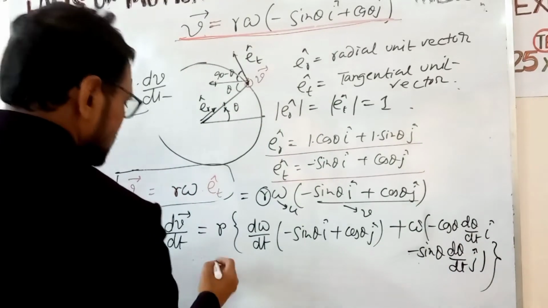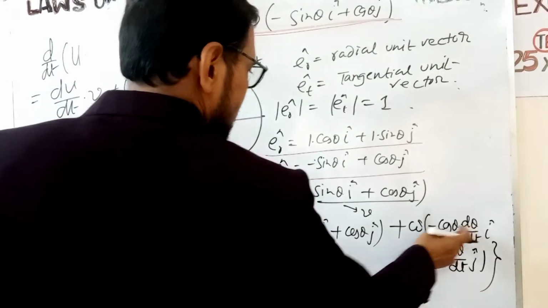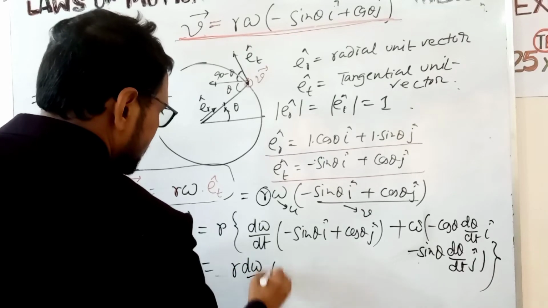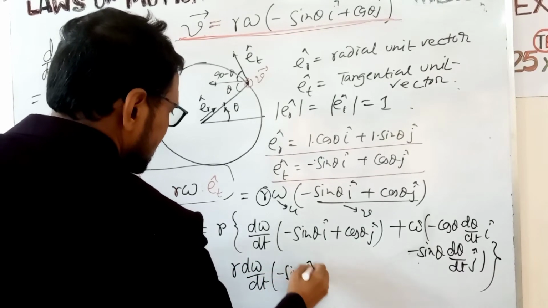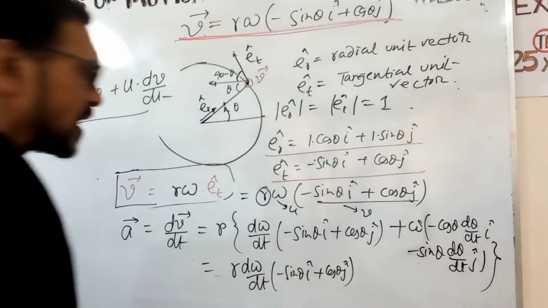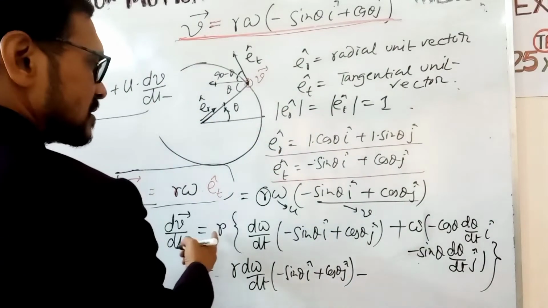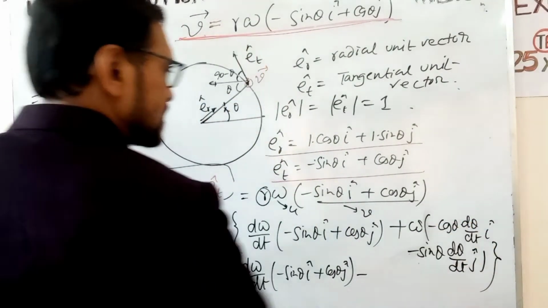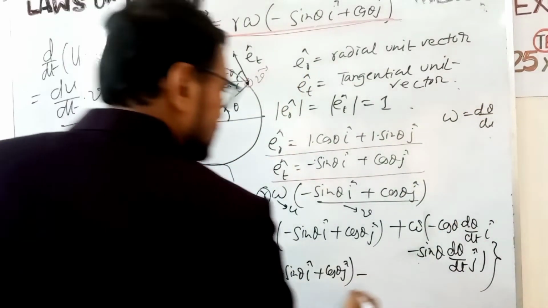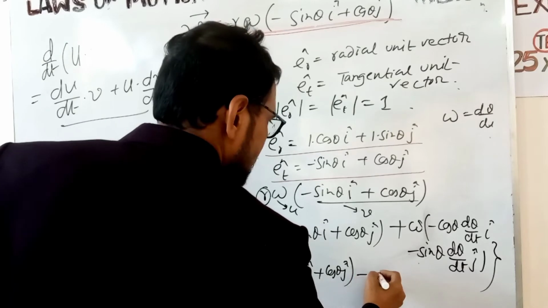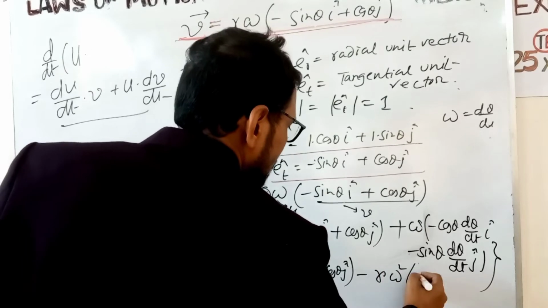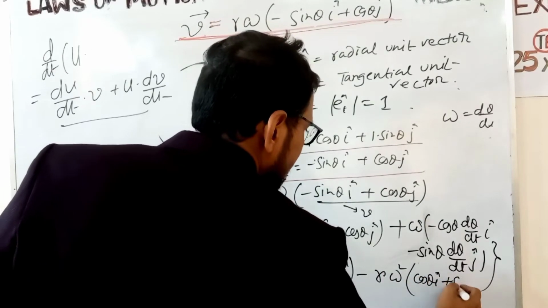Now d theta by dt equal to omega, so r d omega by dt of this, plus d theta by dt is omega. So we put minus r omega into omega, that is omega square r, into cos theta i plus sin theta j.